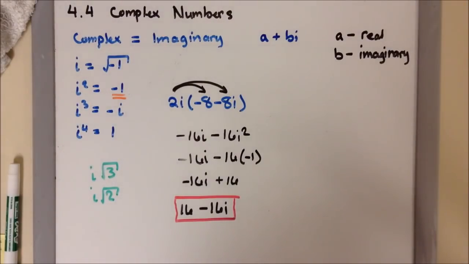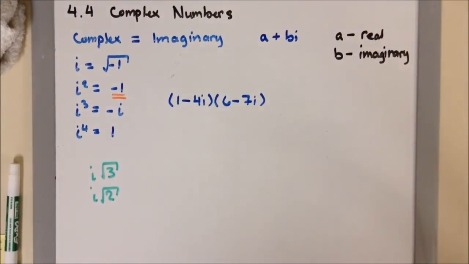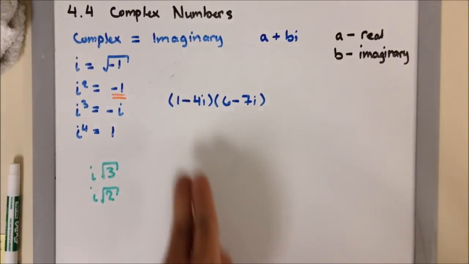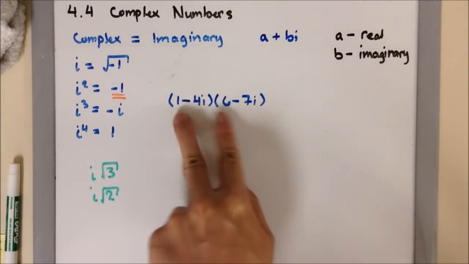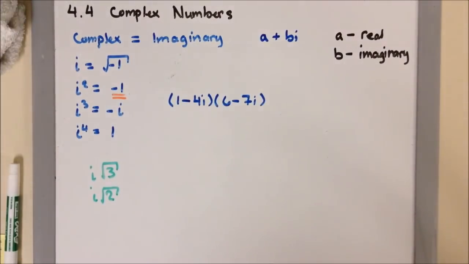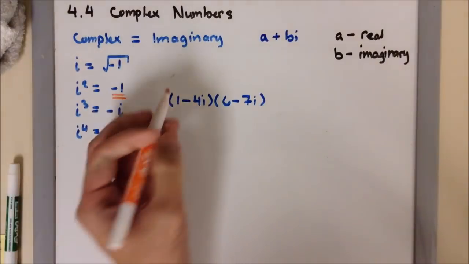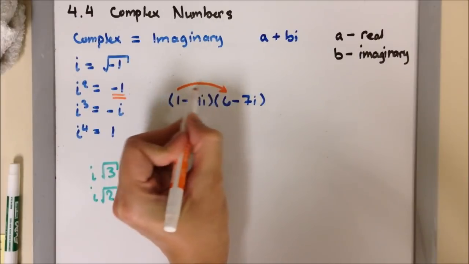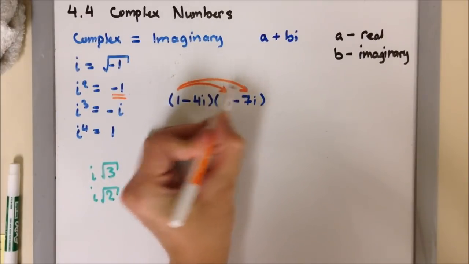Alright, in this next part, we're going to be working with two binomial terms multiplying each other, meaning two sets of two terms multiplying. When you have something like this, you're going to FOIL. My first part is the 1. I'm going to multiply it to the 6 and to the negative 7i.